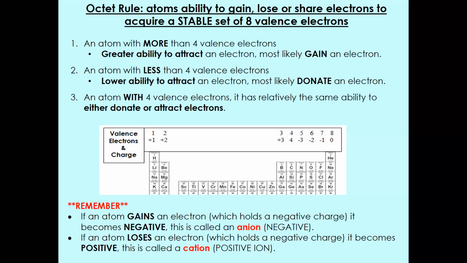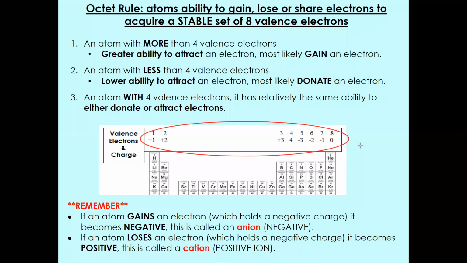Okay? And here we've already talked about the valence electrons right here in the middle. But you're going to probably want to also record the charge of those ions on the top of your periodic table. So we've talked about how the alkali metals have 1 valence electron and they're going to lose it, which is why they will form a +1 charge.